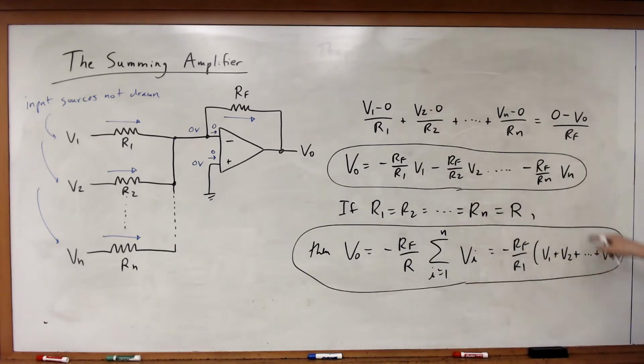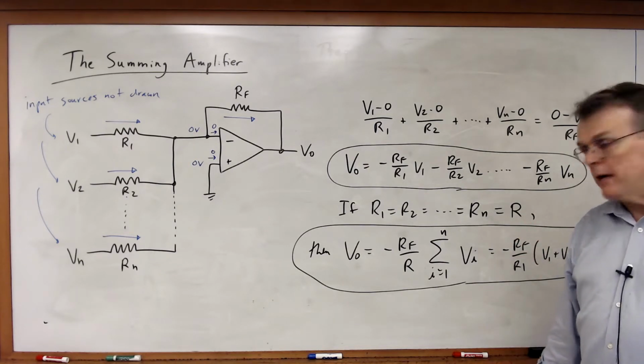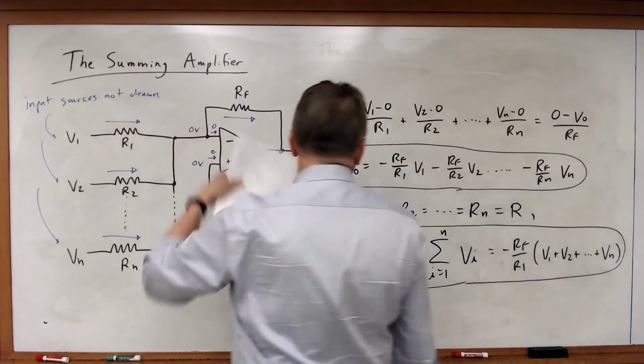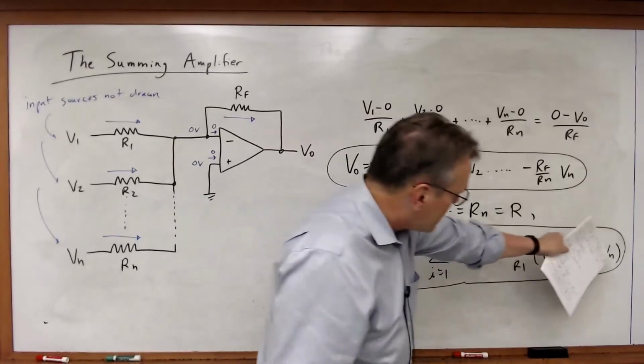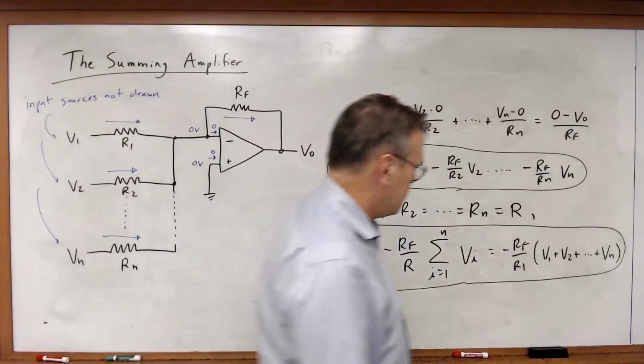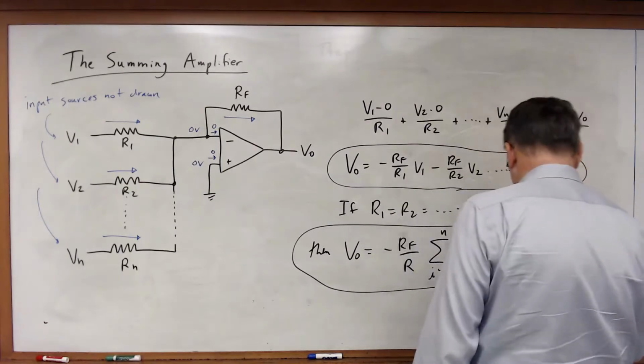And so here you can see a circuit where we are just adding all the voltages together, and in this case just multiplying them by the same gain constant, by the same closed loop gain. So this is a summing amplifier. It both sums those input voltages and also multiplies them by a gain constant.